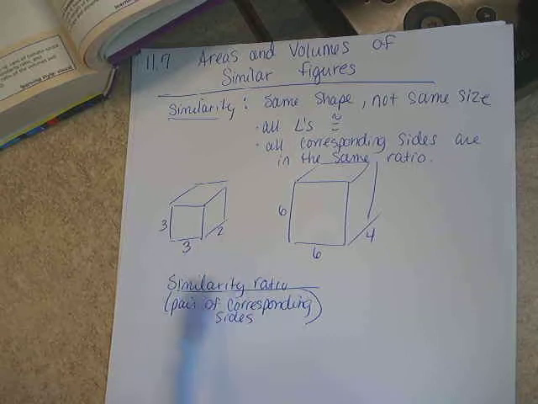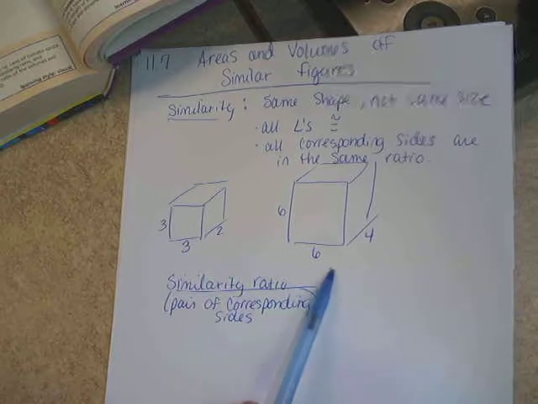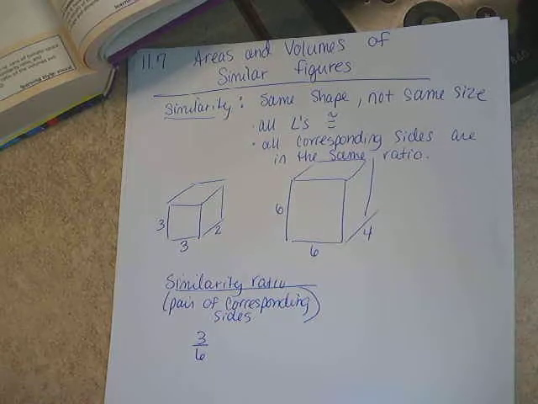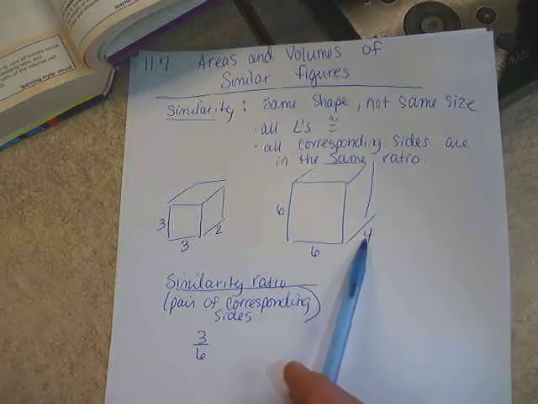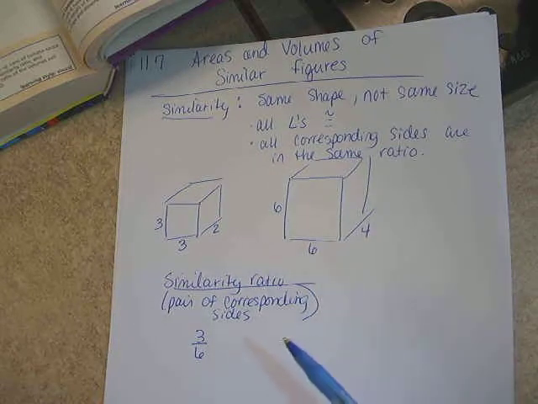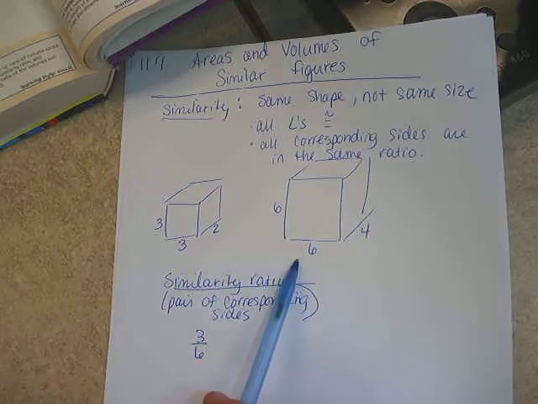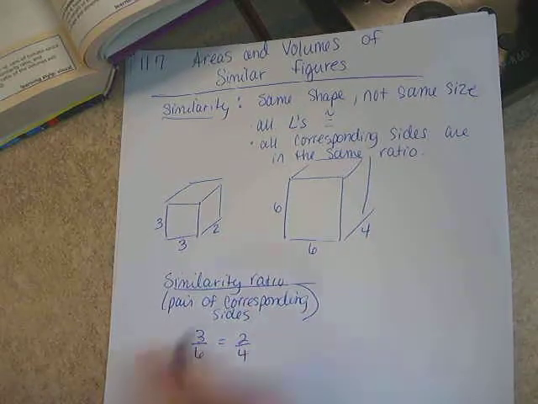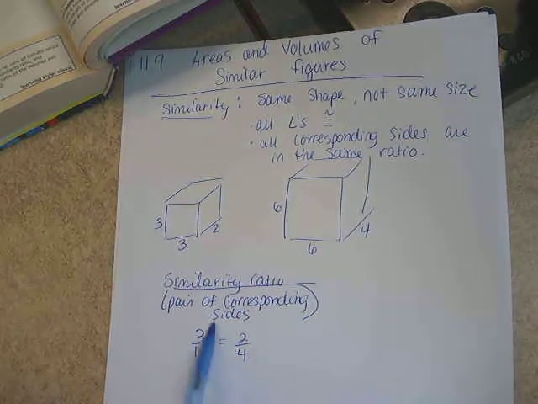Okay, in order to set up the ratio, if I used 3 to 6, that would be a similarity ratio, knowing that these two are similar. But if I were checking, I'd have to check all 3 sets. Now you don't have to write 3 to 6 twice, but you should check 2 to 4.